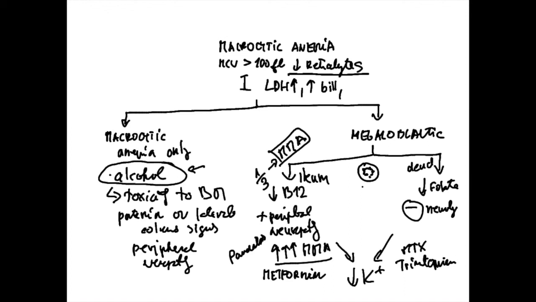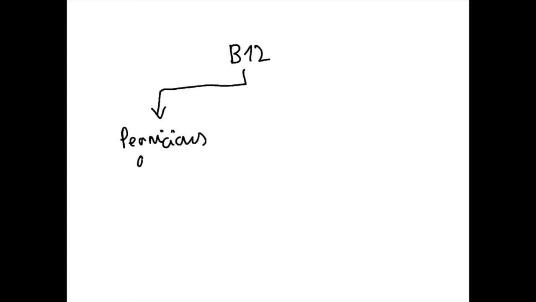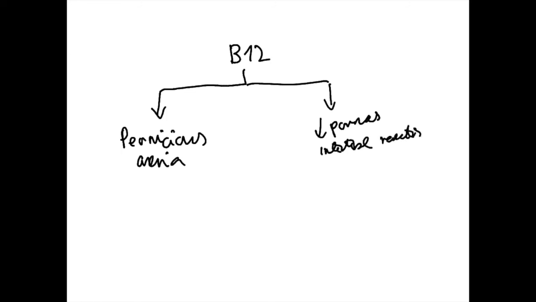To go even deeper into the causes of B12 deficiency, we're going to go to another page, and over here there are two major groups of causes. The most important and most common cause of B12 deficiency is pernicious anemia. The other causes could be, as I said, exocrine pancreatic insufficiency, or intestinal resection, or some kind of malabsorption, or sometimes infection like Treponema.